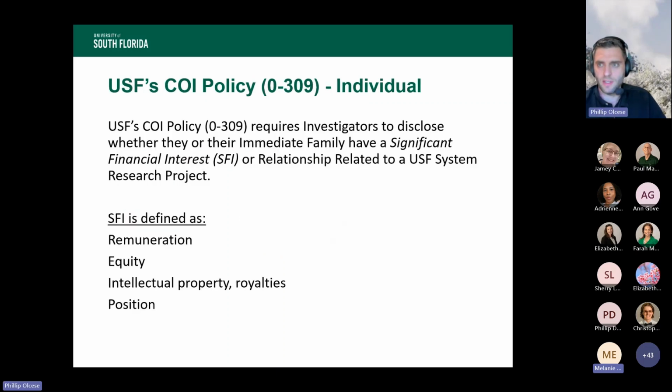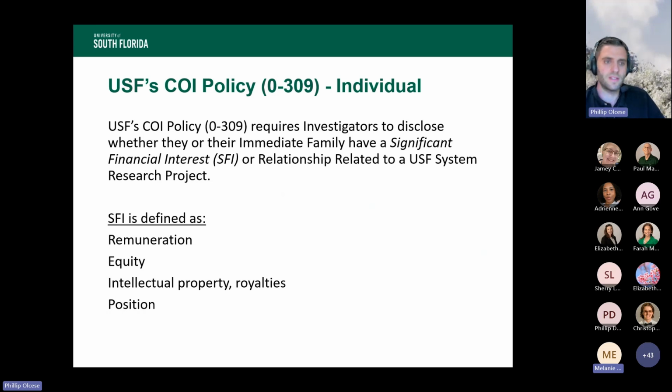USF COI Policy 309, individual. These are based on the individual's COIs and SFIs. An SFI for an individual is defined as remuneration they receive that is greater than $5,000.